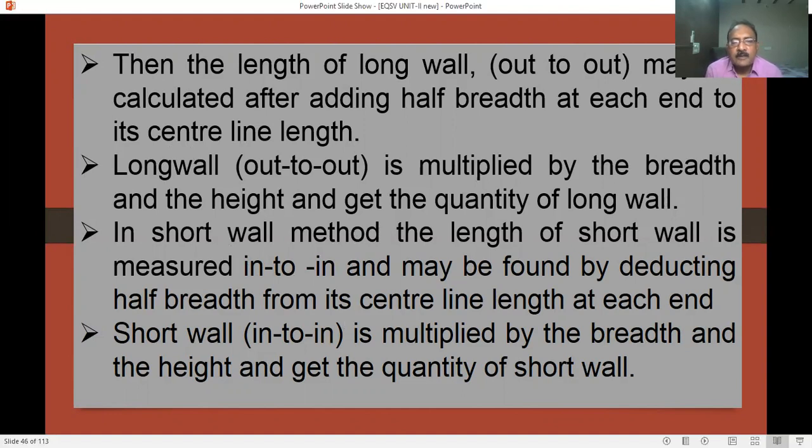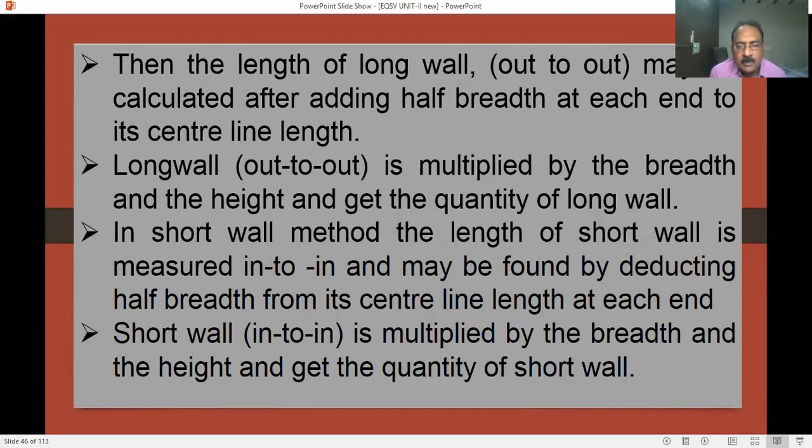In long wall, the length of long wall out to out may be calculated after adding half of breadth at each end to its center line. Long wall out to out is multiplied by breadth and height and you get the quantity of long wall, LBH. In short wall, you have to find in to in.